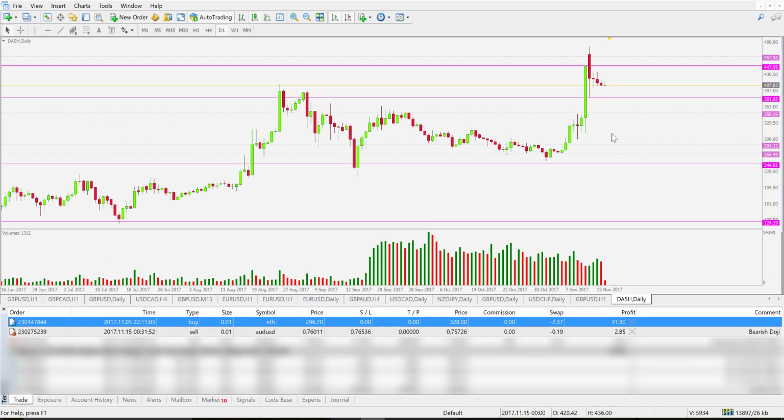Now, why am I out of the Dash? I followed this trade on the Dash to this point, to this level of resistance, and I got out, just waiting to see what price will do. If price will break that level, retest it, and then I'm back in, or if price will reverse. Now I'm just waiting to see what happens with this.